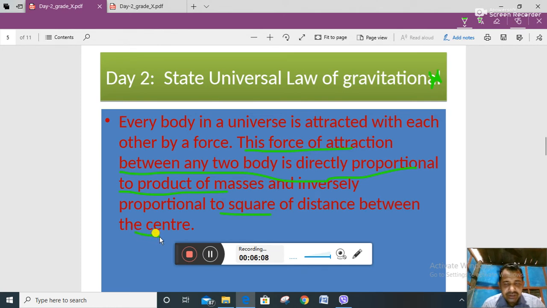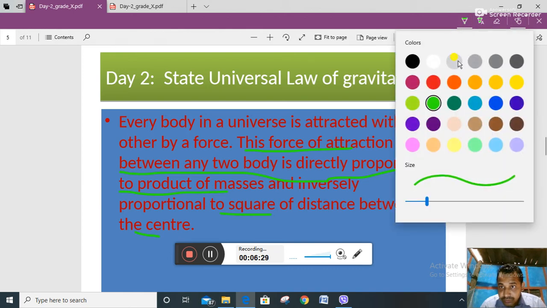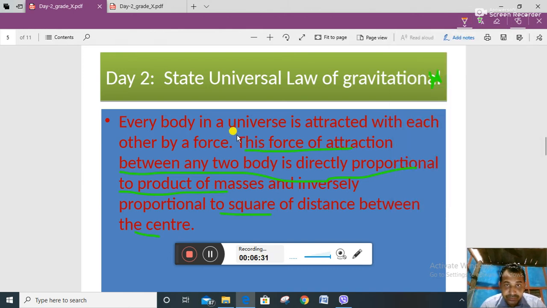So now if you know that formula, it is very easy to state the universal law of gravitation. You can say that the universal law of gravitation states that the force of attraction between any two bodies is directly proportional to the product of masses and inversely proportional to the square of distance between their centers. So your main answer is from here to here.